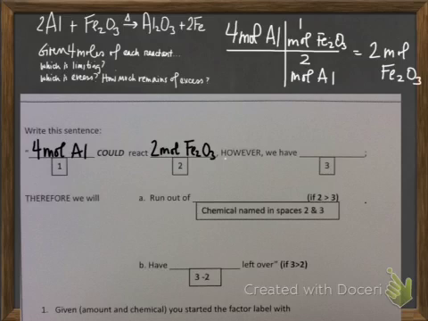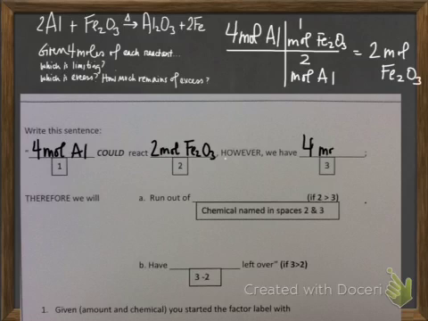However, there's always a however. And blank number 3 is the chemical that you named in number 2, but this time with the amount that you were given in the problem. So we're looking in space number 3 for iron 3 oxide, but we want to know how much we were originally given.